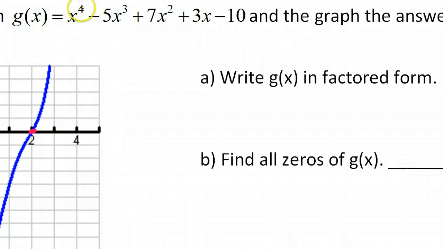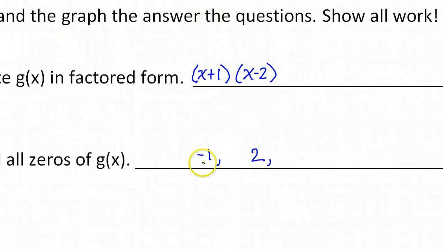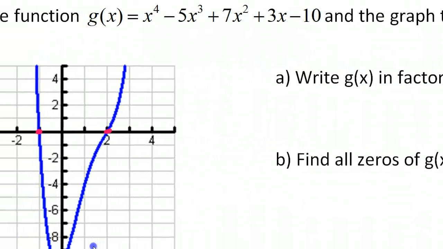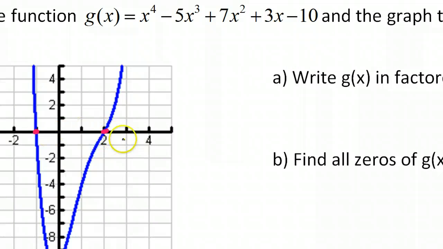Well, hopefully you were thinking 4. There will be 4 because that's the degree. So far we have 2 of our zeros and the factors that go with them. So we're looking for 2 more. Based on the fact that there are no other x-intercepts, you can bet they are going to be imaginary.